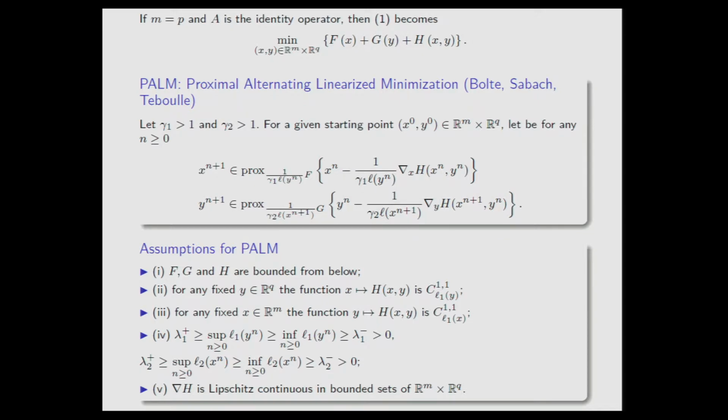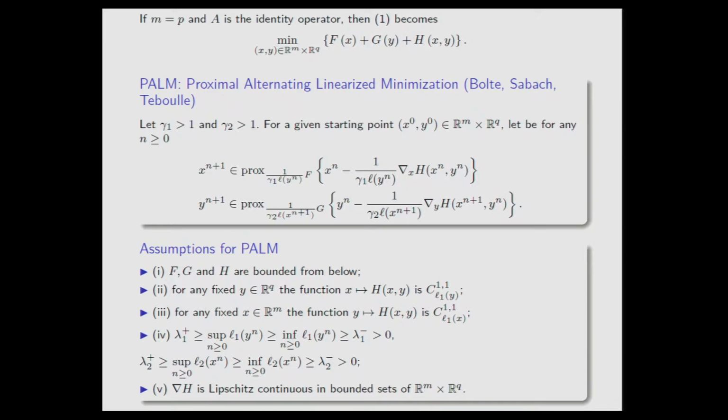In this paper it was proved that all the cluster points of this sequence are stationary points, and then under Kurdyka-Lojasiewicz assumptions, one obtains global convergence. And the question of boundedness is easy to handle in this context. Why?